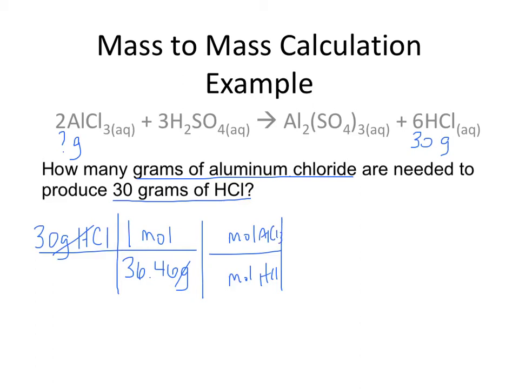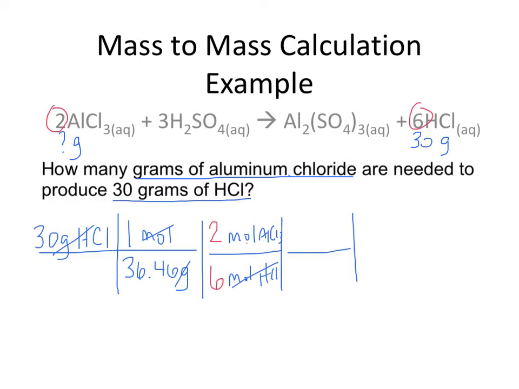So we look at our balanced equation and we see that our coefficient for moles of HCl is 6. Our mole ratio for AlCl3 is going to be 2, so we place that there. After we cancel out our moles of HCl, we're now in moles of AlCl3, but we don't want moles, we want grams. So we have one more step that we need to do, and that's using our molar mass of AlCl3.